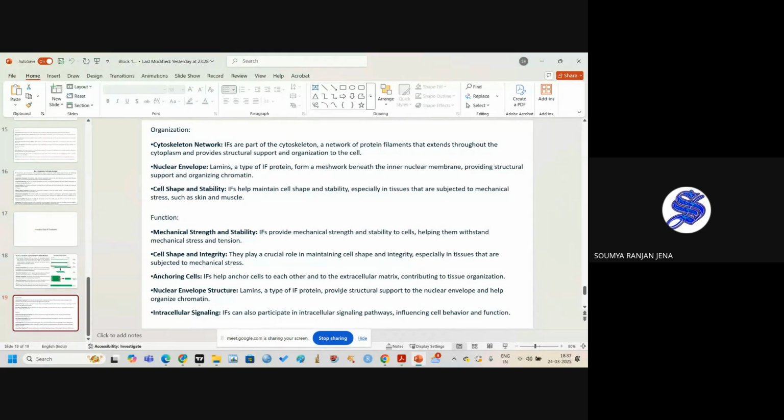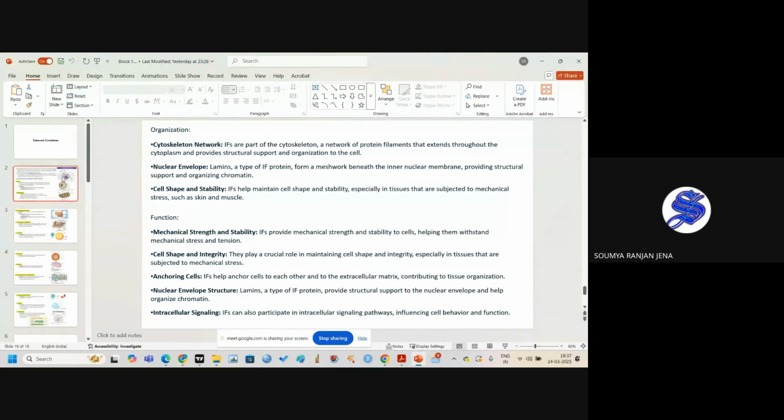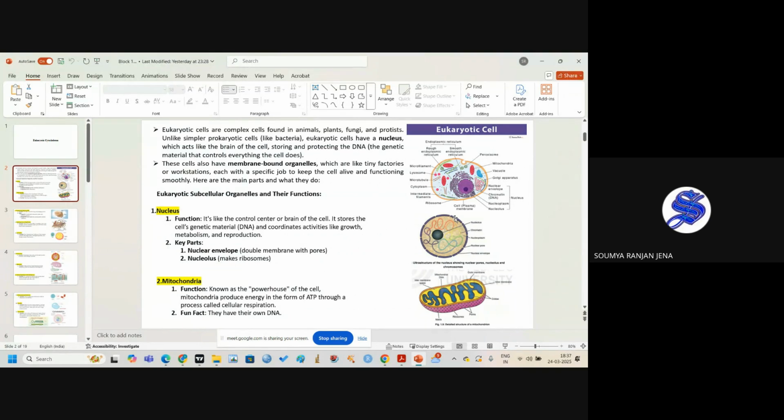And lamin, a type of intermediate filament, provides structural support to the nuclear envelope and organizes chromatin. The nuclear envelope is guarded by the lamin proteins, and these lamin proteins maintain the nuclear envelope structure and the chromosomes or DNA molecules.